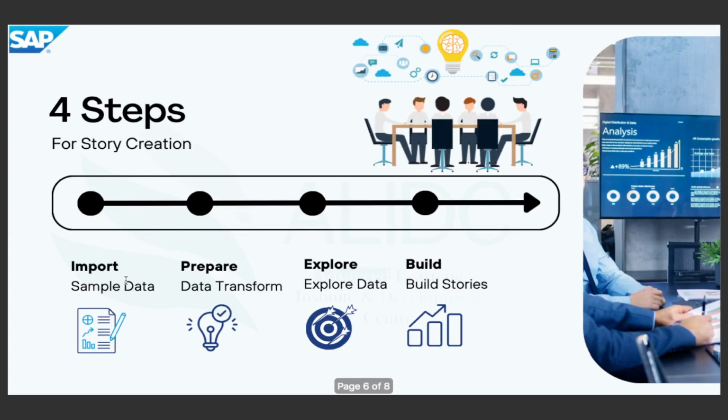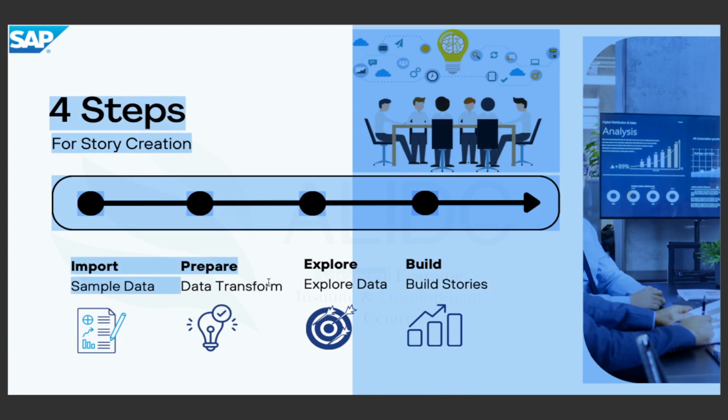There are four steps for creating stories. I will show you in the system, but this is the theoretical part. I have only created a few slides just to show you the theory. The first step is you import the data, and the second step is you transform the data.